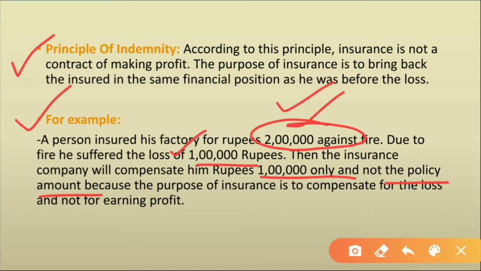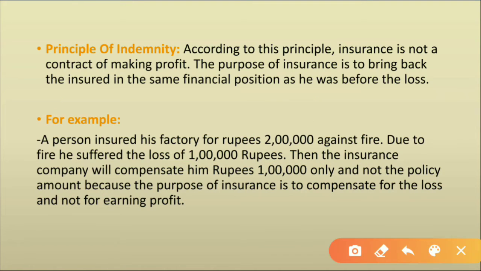Even if the contract is of 2 lakh, they will pay him 1 lakh because the actual loss was of 1 lakh. That is why it is said that the purpose of insurance is to compensate the loss. The purpose of an insurance company is to compensate whatever loss they have suffered, and not for earning profit.